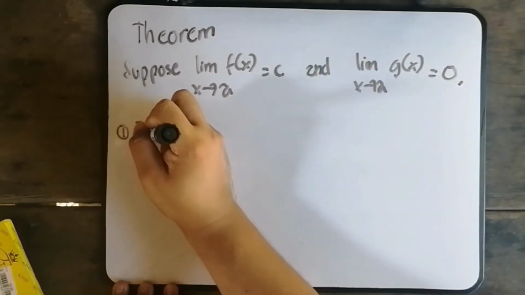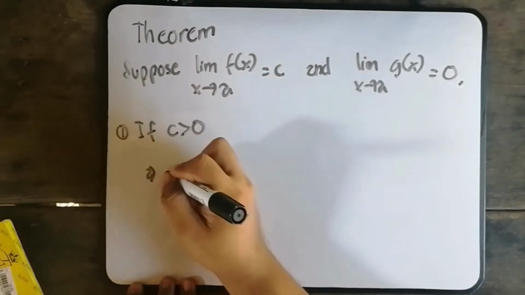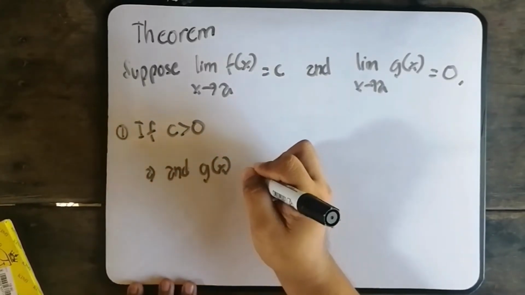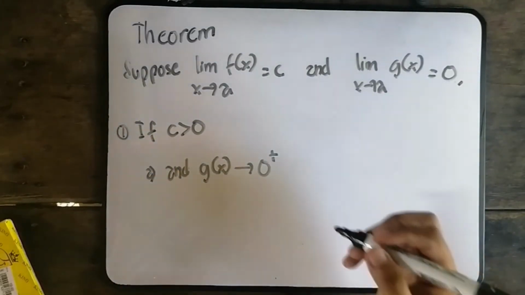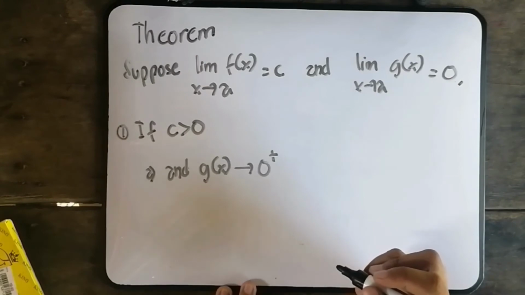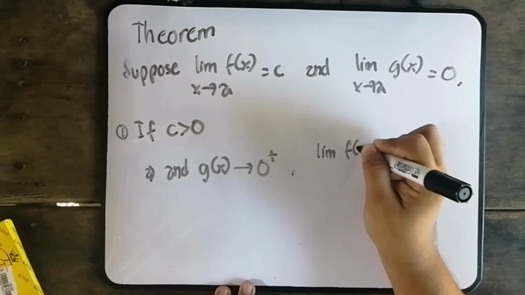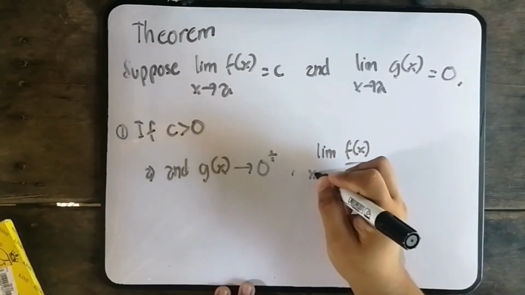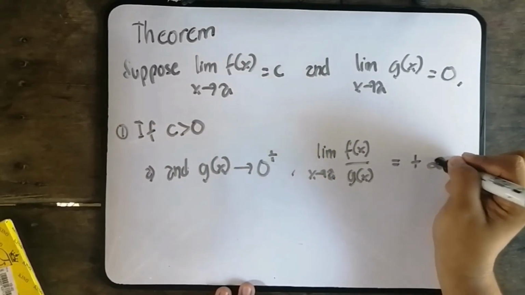First, if c is greater than 0, meaning our c is positive, and g of x approaches 0 passing through the positive values as x approaches a, then the limit of f of x over g of x as x approaches a is equal to positive infinity.